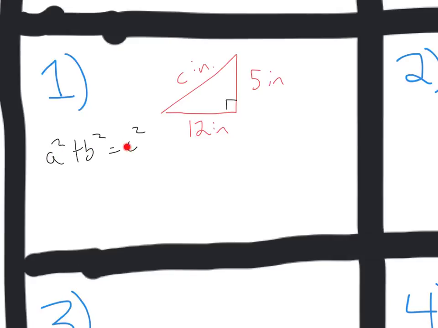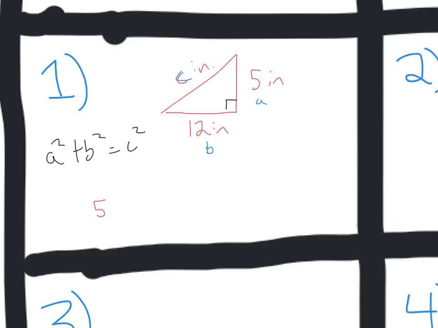So a squared is 5 squared plus b squared is going to be 12 squared, and that is equal to your c squared. Alright, so there's your equation.